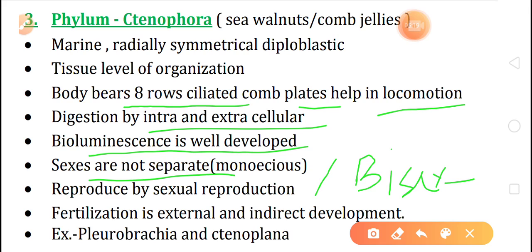In these organisms reproduction is sexual.